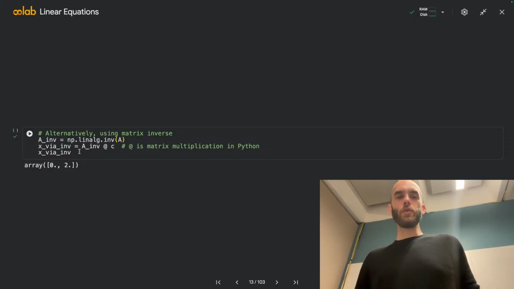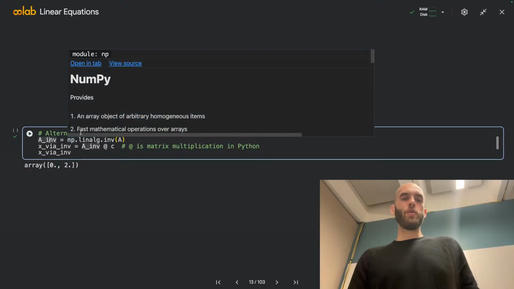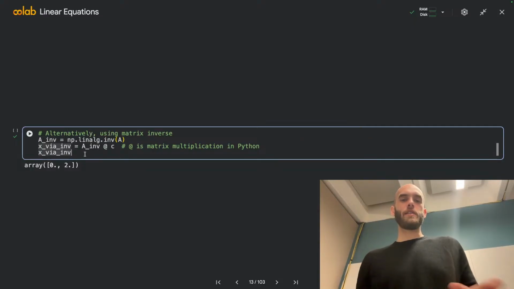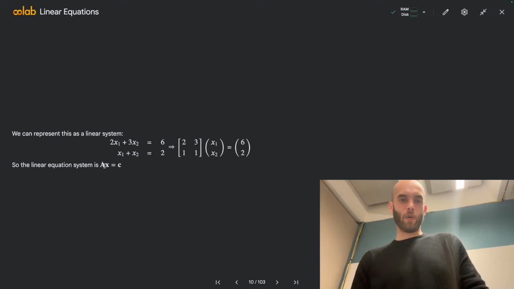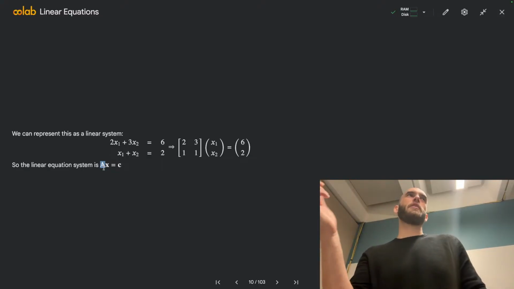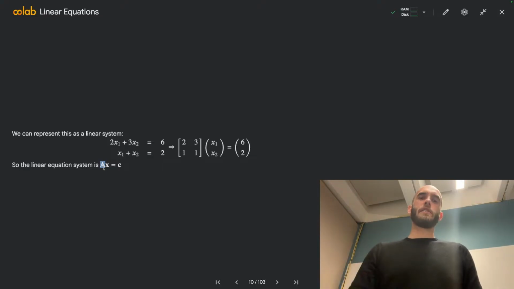You can also do this kind of solution using matrix multiplication. So what we could do is invert the matrix. If we pre-multiply both sides by A inverse, if you remember from your linear algebra, A inverse times A is the identity matrix, which disappears.